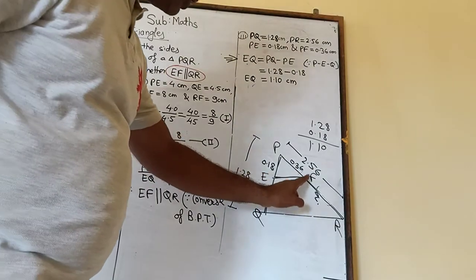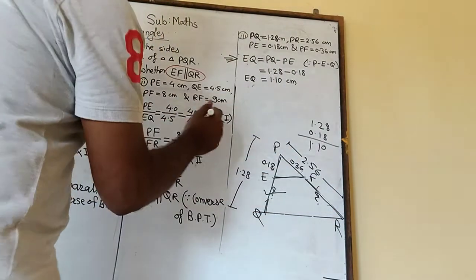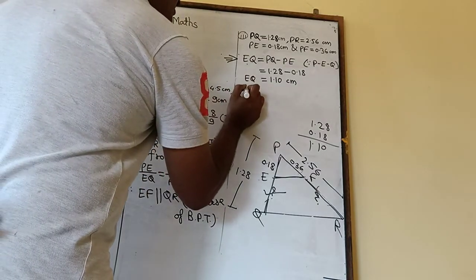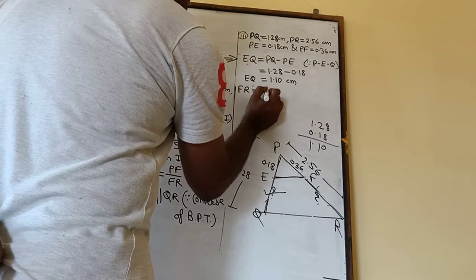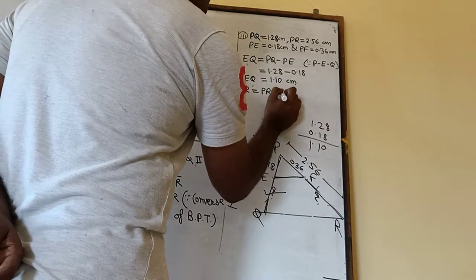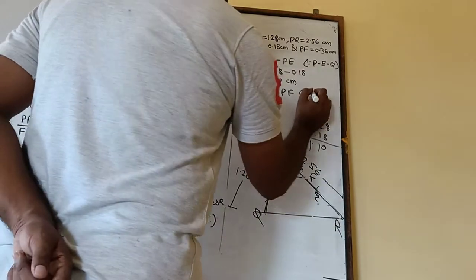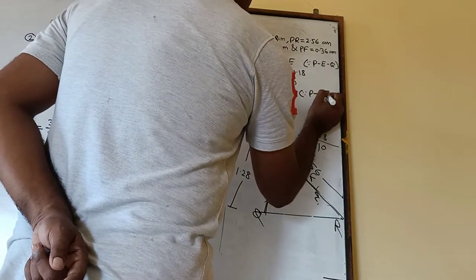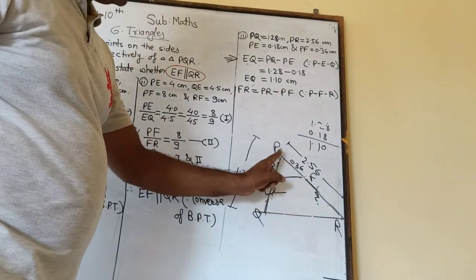Okay, now let us focus on FR. How to find FR? In a similar way we can find it. FR equals PR minus PF, and the same reason is here, PFR, it is the betweenness.